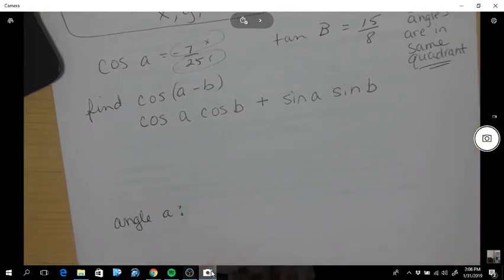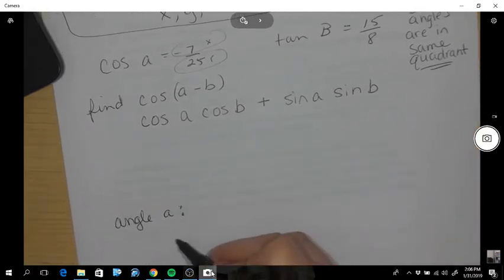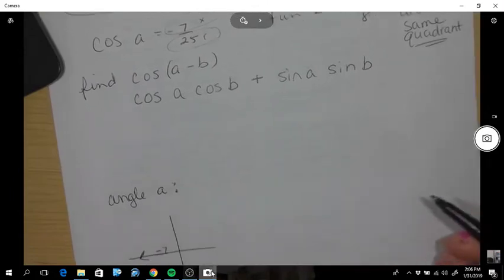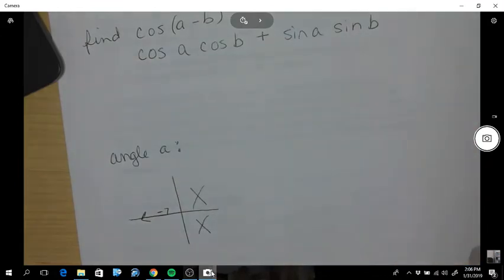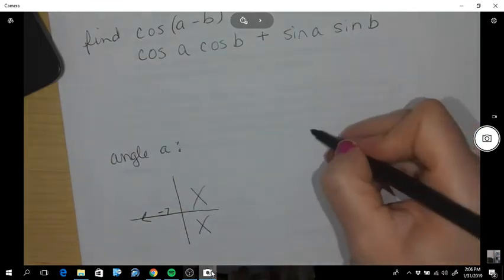Okay, so angle A, negative 7 going that way, so it's not in quadrants 1 or 4.